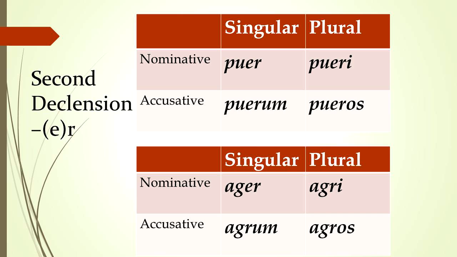There is a catch to the second declension. Actually, a couple of catches, but we'll deal with them one at a time. Now, the base of a noun is the part of the word that you add your endings onto. If the base of a second declension noun ends in r, you do not add the normal us ending to make the nominative singular. Rather, you just leave the base as it is.